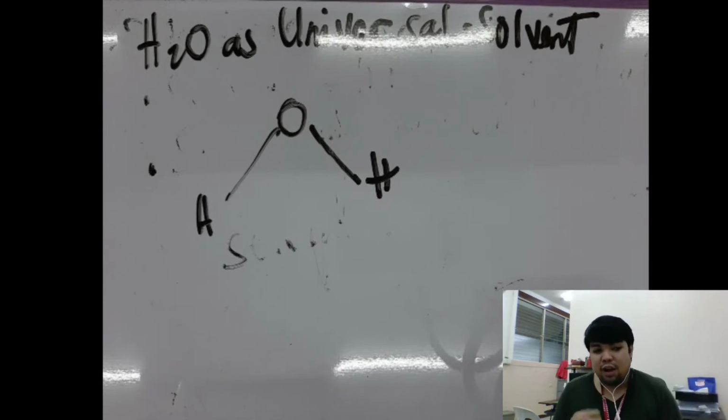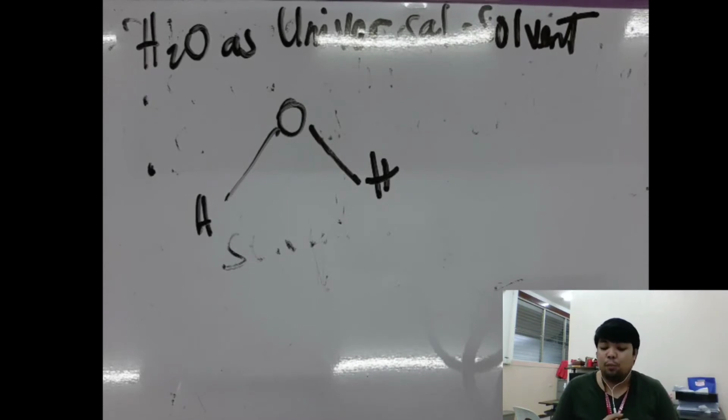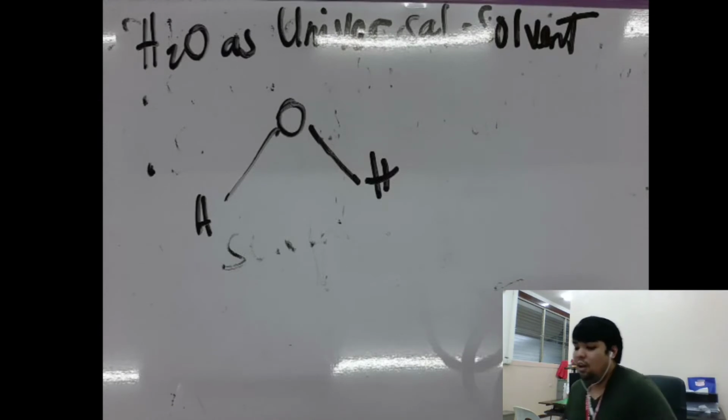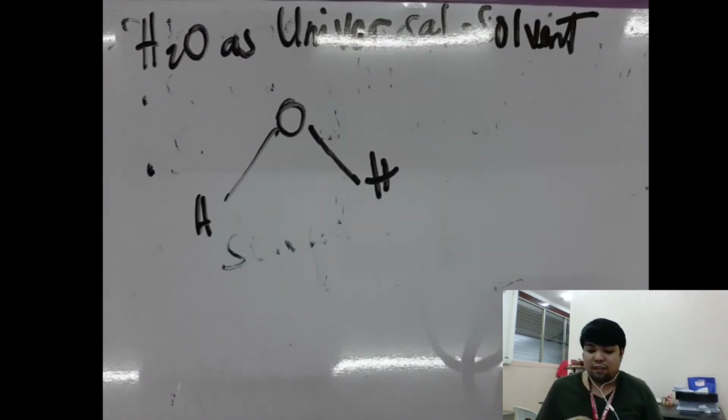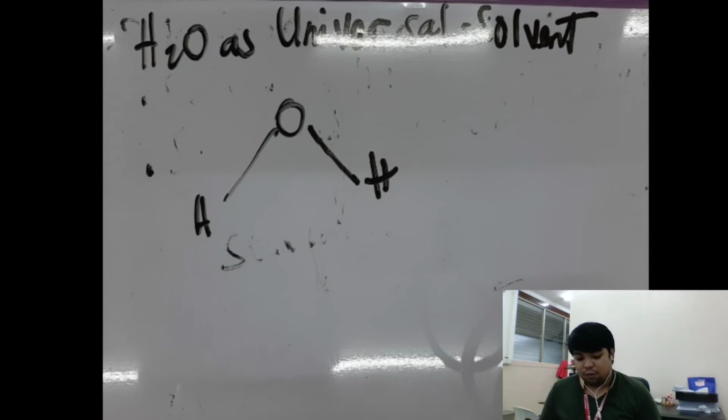Because of this, the mechanism of how water dissolves substances has been extensively studied or scrutinized. Thus, there are many postulates and observations that have been established on how water dissolves and how water becomes a universal solvent.